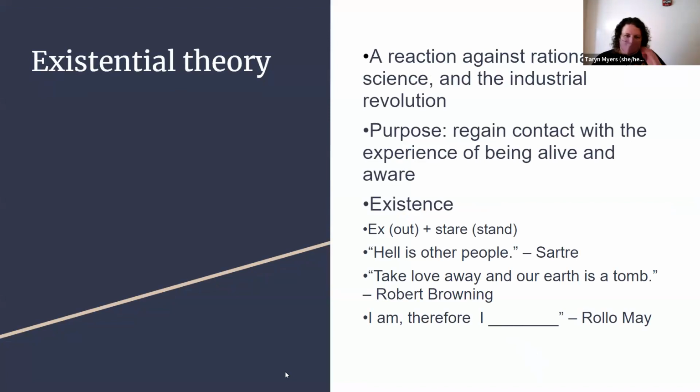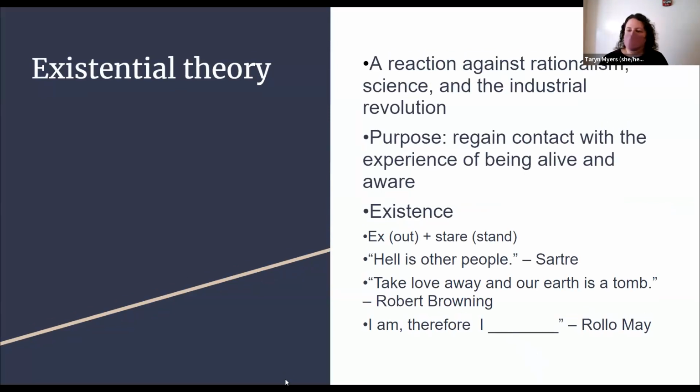So existential theory comes into play here. This is a theory that was developed within philosophy, but several big name psychologists took it and applied it to human behavior more concretely. So existential theory is a reaction against rationalism, science, and the Industrial Revolution.